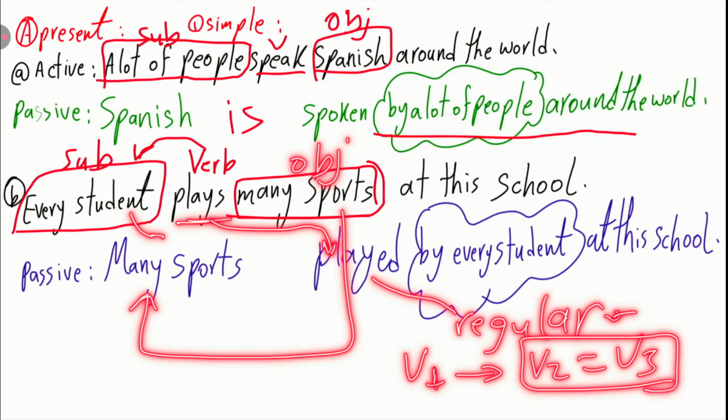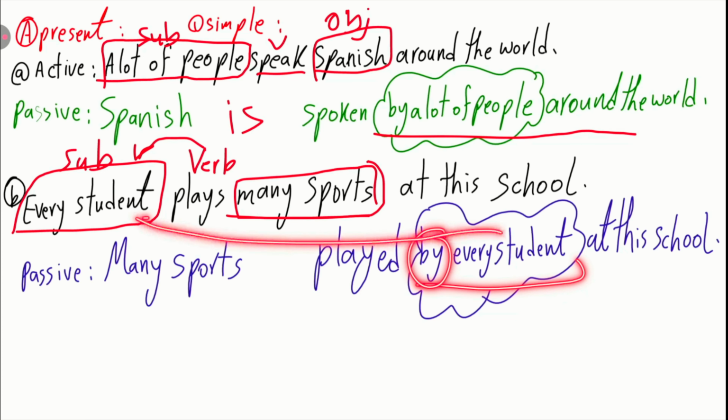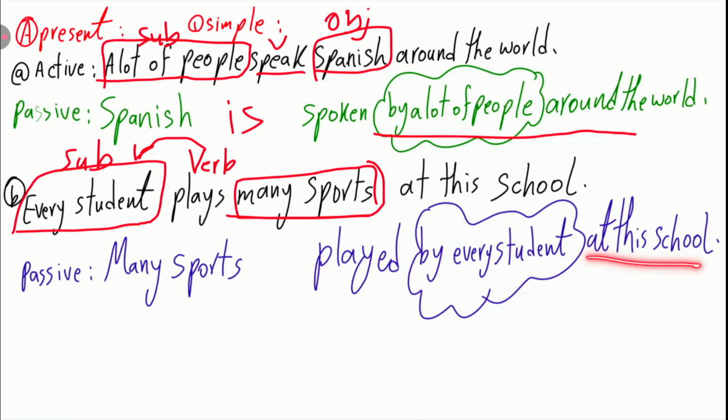So you will not see any difference between verb 2 and verb 3 generally. So it is verb 3 with ed, and I add by then the subject, and as I told you, this part is optional. If I don't want to use it, it is okay. At the school is the rest of the sentence.